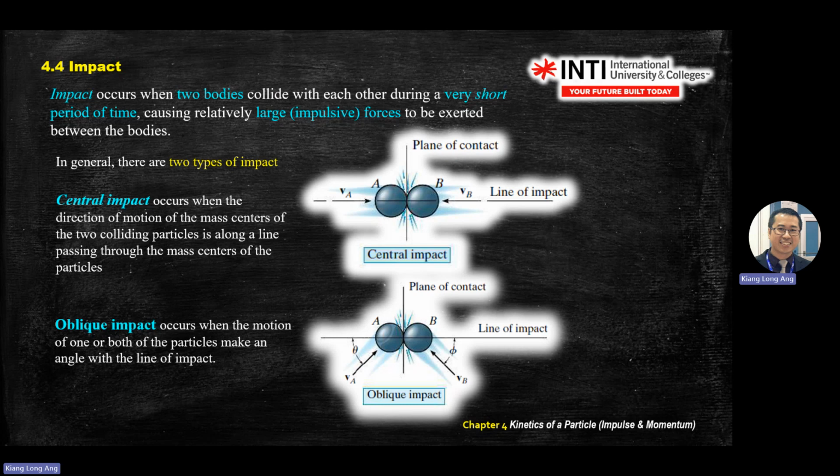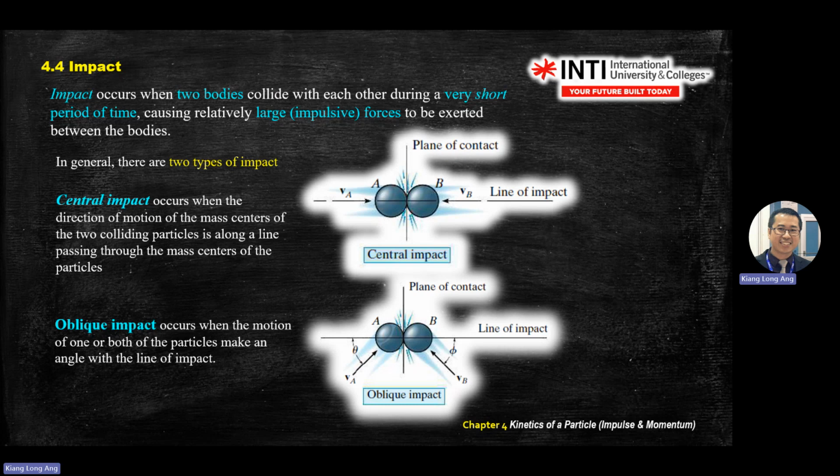The line of impact is straight, and the plane of contact is perpendicular to the line of impact. When two spheres A and B hit each other in a straight line, the plane of contact is at the center.